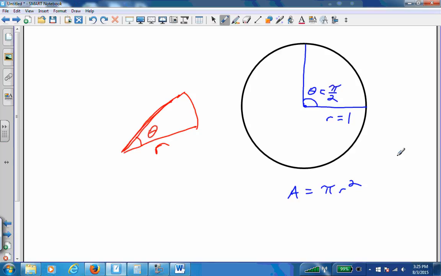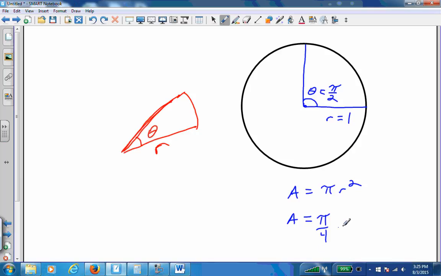So let's just see. The area of that entire circle, if we had a radius of 1, what would the area of that whole thing be? Pi. So if we just want a fourth of that, that would be pi over 4.